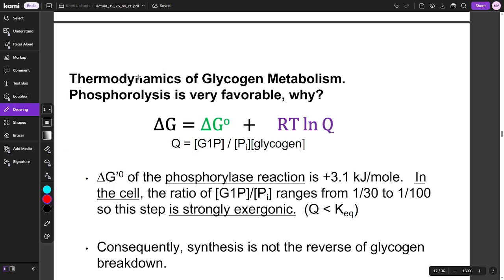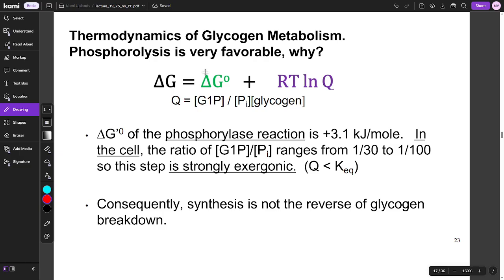So you'll be wondering, why is it favorable to add just an inorganic phosphate onto a group? I remember, wasn't it unfavorable to add a phosphate group in step 6 of glycolysis with glyceraldehyde 3-phosphate? And you're right, it is actually kind of unfavorable. But the thing is, if you look at the standard conditions, it is unfavorable.